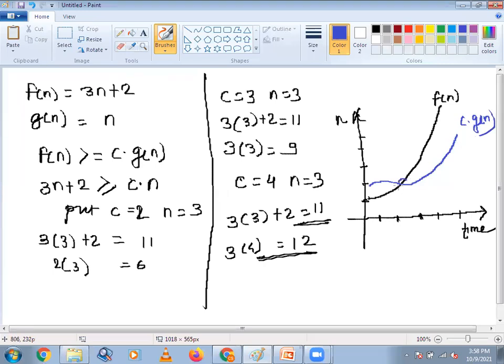At this point, these two lines cross each other, and this point satisfies the particular equation, that is n0.